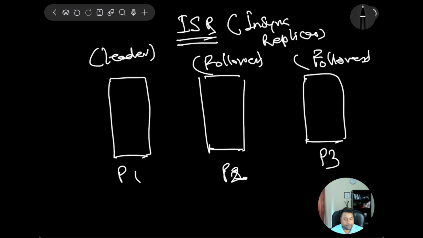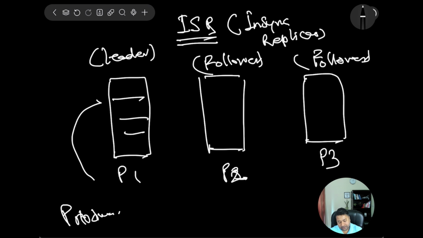Now let's say a producer wants to produce a message. It will write the message to partition 1, since it's acting as the leader. So this message is written to P1.